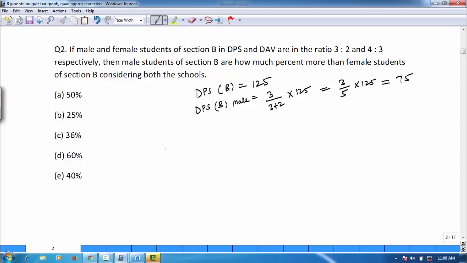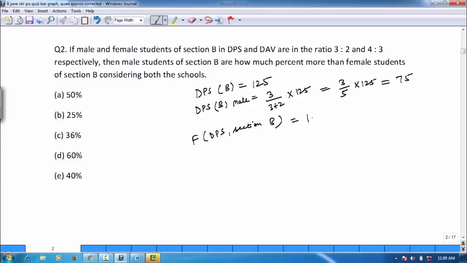Now the female students from DPS section B are that will be total number of students minus male students.